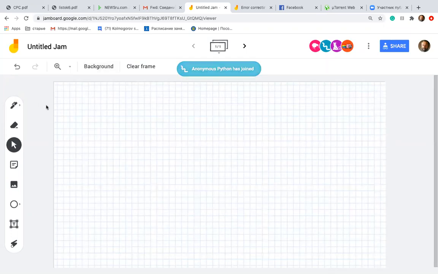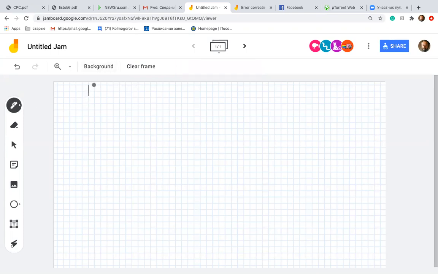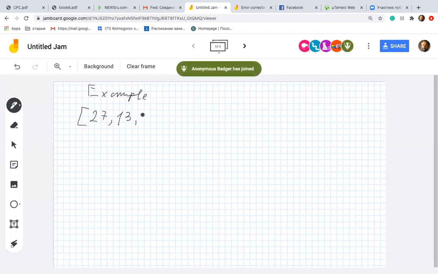Here is an example. Assume that we have, say, a 27, 13, 15 Reed-Solomon code over the alphabet of 27 letters.